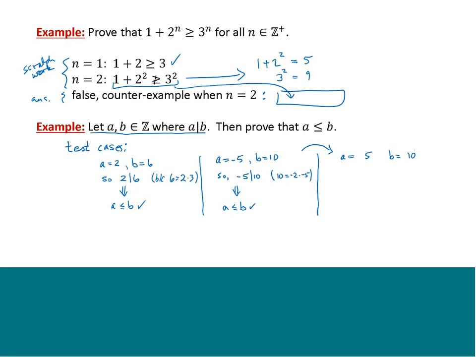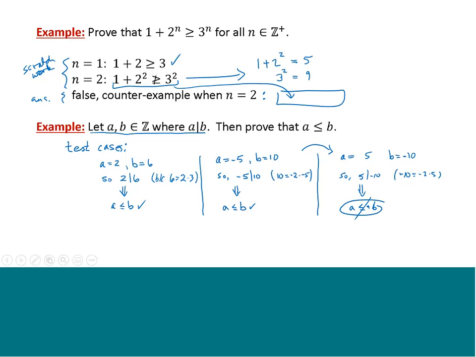Here, we'll still have that 5 divides -10, or is a factor of -10, because -10 is -2 times positive 5. But when you look at is 5 less than or equal to -10, right here, that answer is a big fat no. -10 is the smaller one.